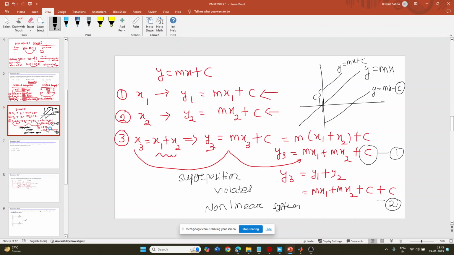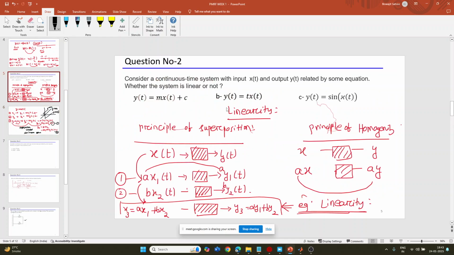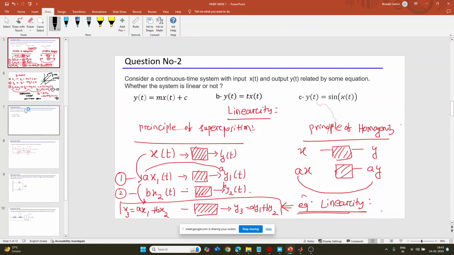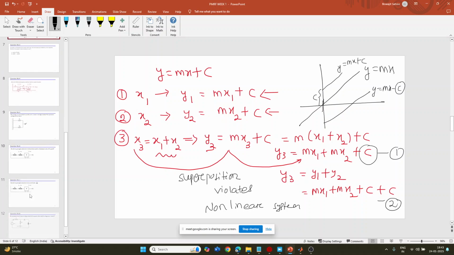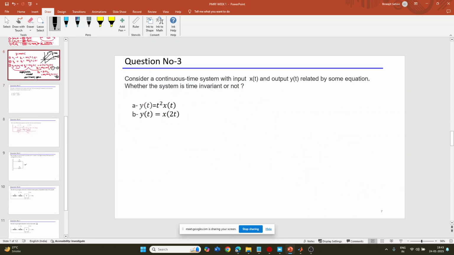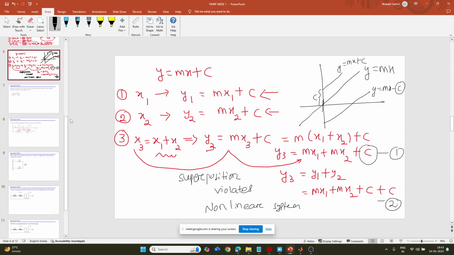Now, what is the second question? The second question I have taken, let's say, y of t equals t x of t. Let me create some blank pages.